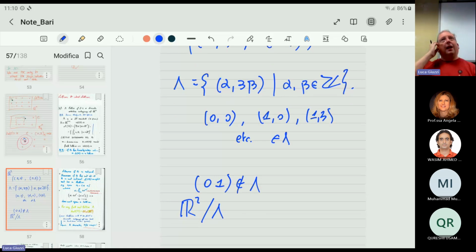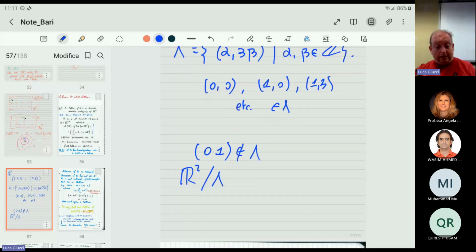And one says a lattice can be defined as a discrete set whose quotient over R^n gives you something which has finite measure. But those are more involved definitions for a lattice.